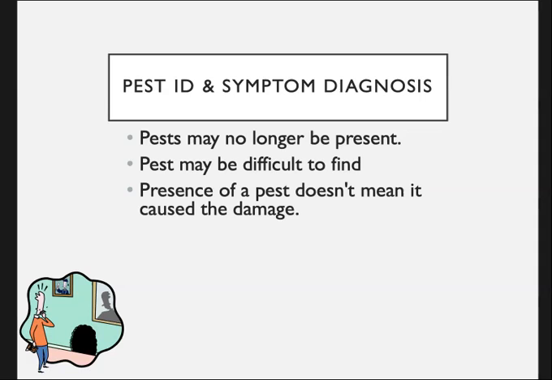And then the other thing is that not all damage actually needs to be treated. So a little bit of damage to your plants can actually be good because it helps the plant signal to the predatory insects that there's food sources around and they need to come take care of those pests for you.